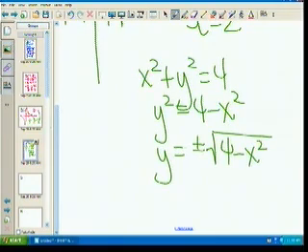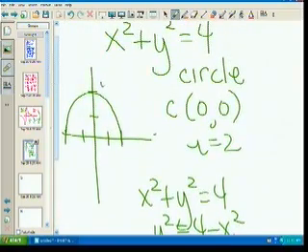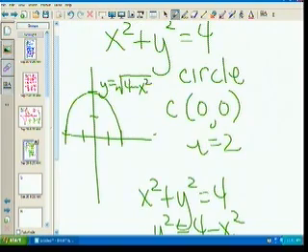So let's go back. What is the equation of the upper half circle? The principal square root. So this equation is y equals the principal square root of 4 minus x squared. And that is a function, and it's solved in terms of x.